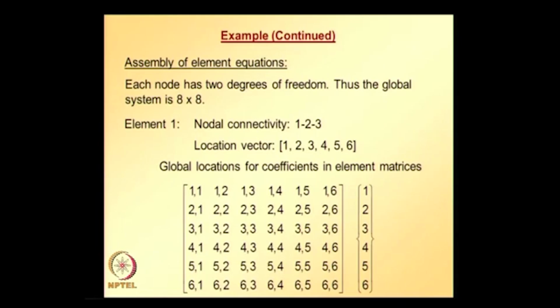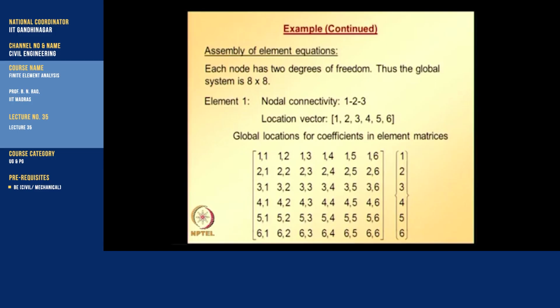So, noting nodal connectivity, we can easily figure out exactly at what locations element 1 contribution goes in, which is shown in location vector. Once we have this information, global locations for coefficients in element matrices can be noted down in this manner. So, this information helps us to assemble the global equation system.